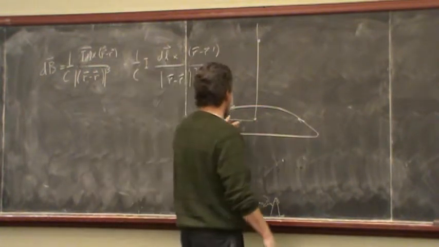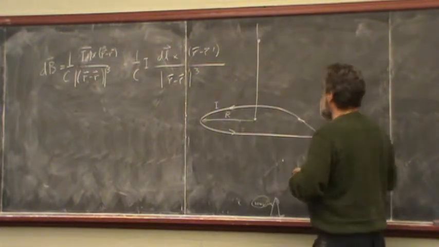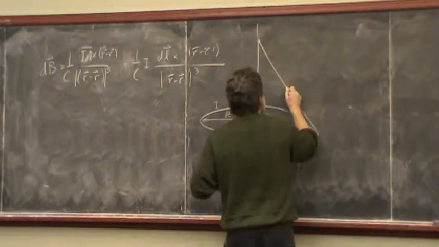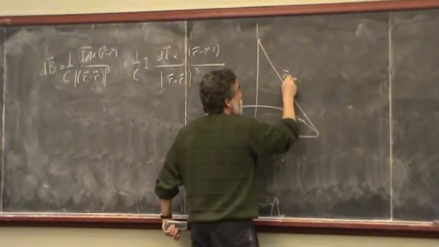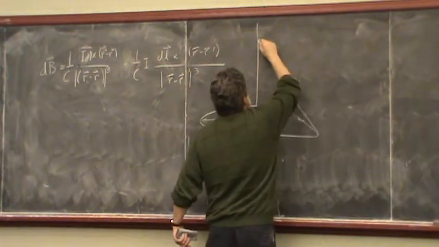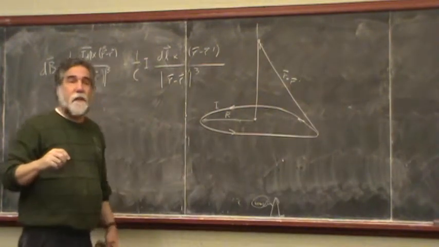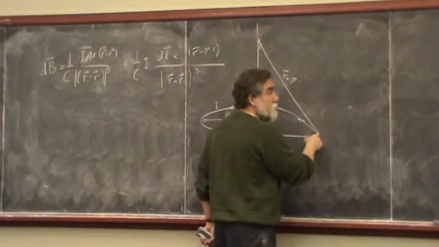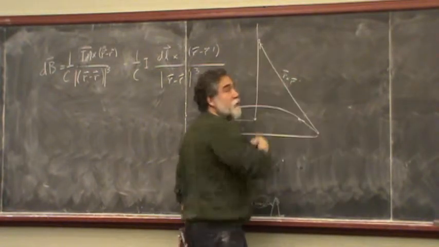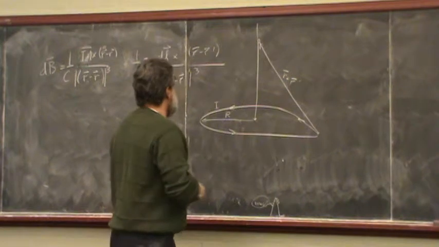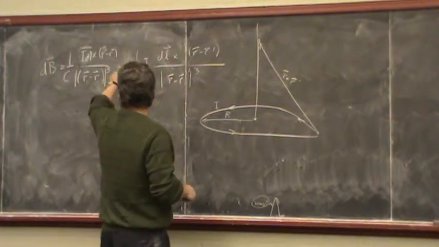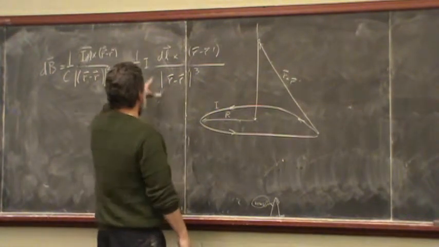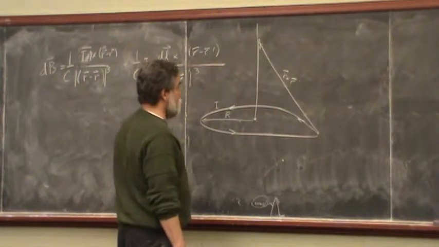So if we take a look at this situation here, my cross product, this r minus r prime, is the distance from here to there. It's a vector that points from the point at which the field is being generated to the point where we observe the field. Then the direction of my magnetic field is given by dl cross r minus r prime.